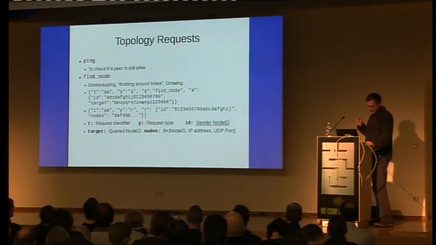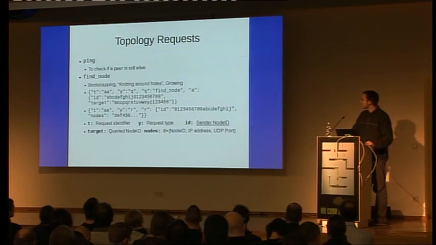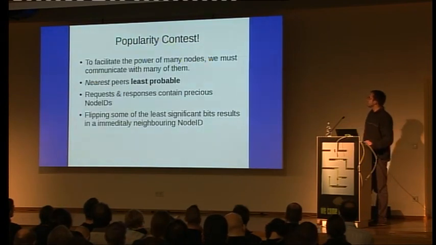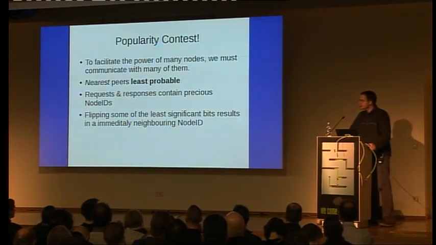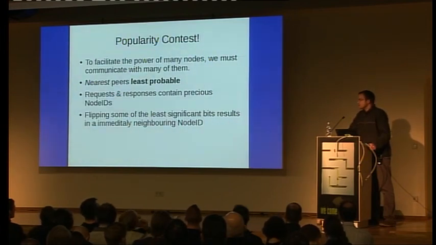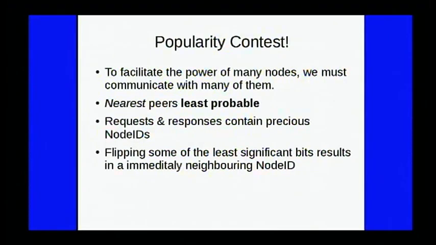And this one is useful for a popularity contest. We don't want to wait for our node ID to become more widely known in the DHT. This could take a long time. We want to become popular quick.